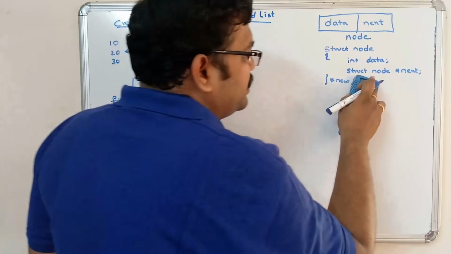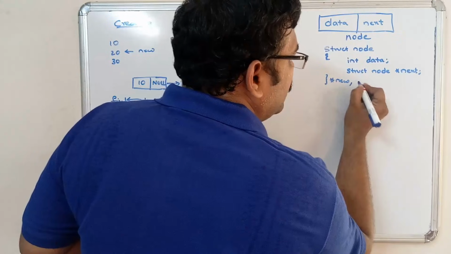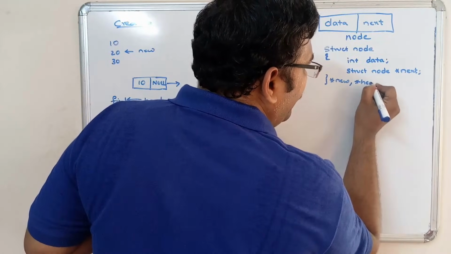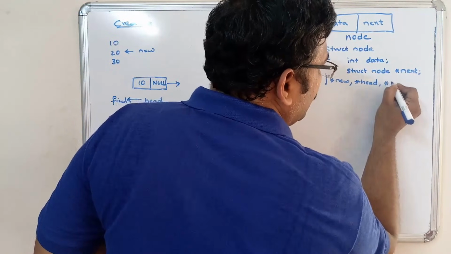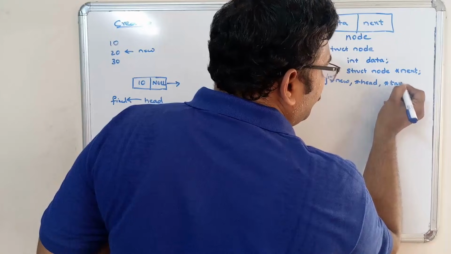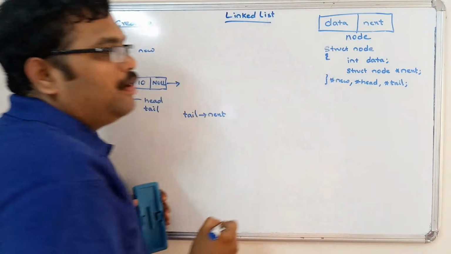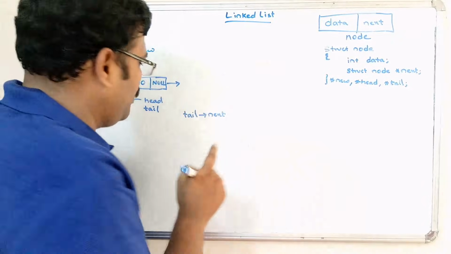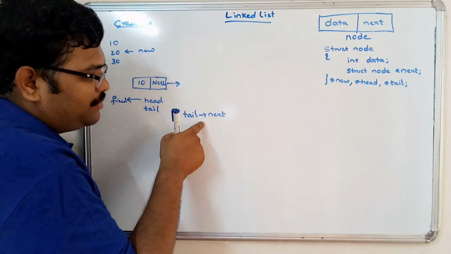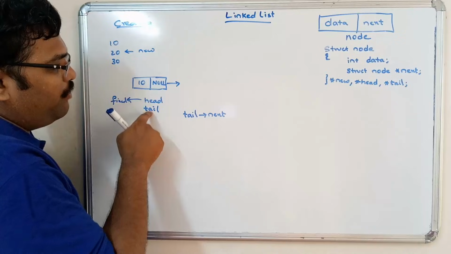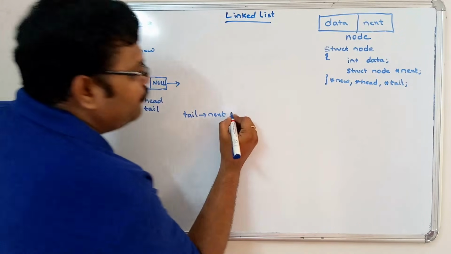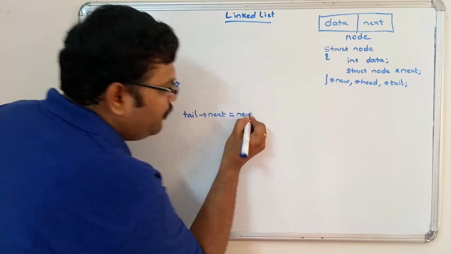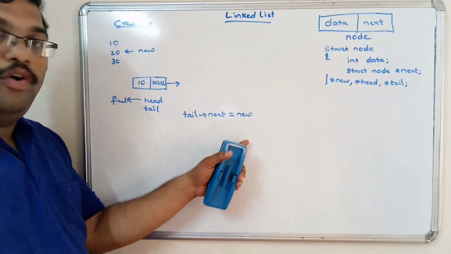Similarly star new, similarly star head, comma star tail. So head and tail are also nodes. Tail of next, that means the next of the tail will be assigned with new. Hope you understood this one.